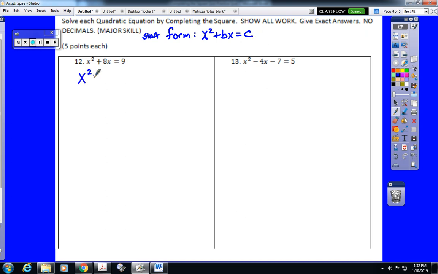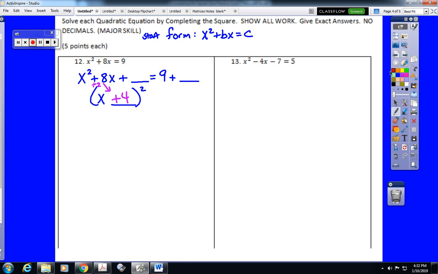So we're just going to go in and we're going to insert our blanks. 1 blank on each side of the equation, and we're going to start the next line. Now again, we've been through this process enough by now, and everybody has shown me in class that they know how to do this. It's just whether or not you remember tomorrow. We need to take this 8 and we need to divide by 2. That would give us positive 4.